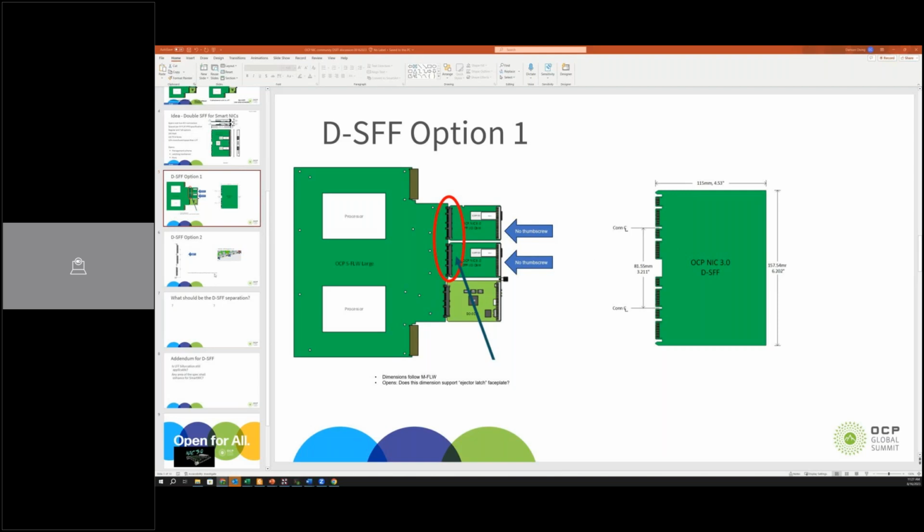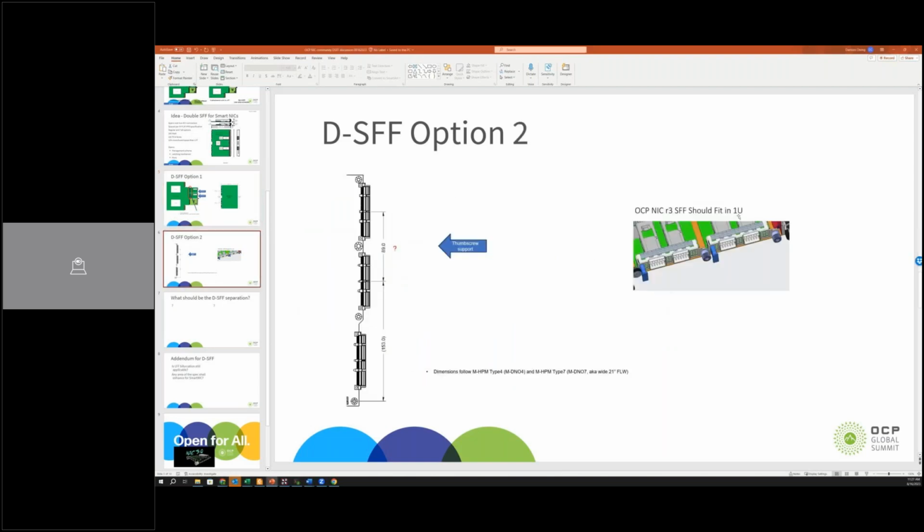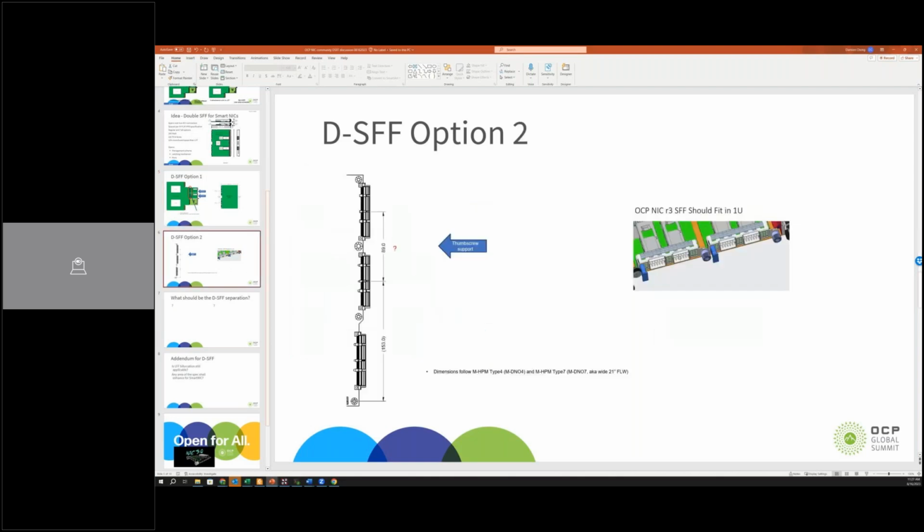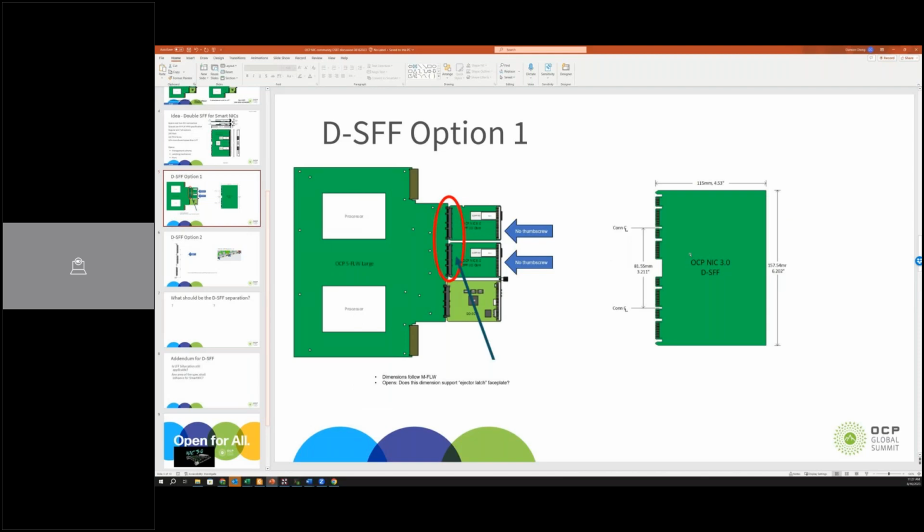Option 2 gives you even more space because the gap is wider between the two, but it's not necessarily needed. So option 1 is already good enough from your perspective, from a space perspective.